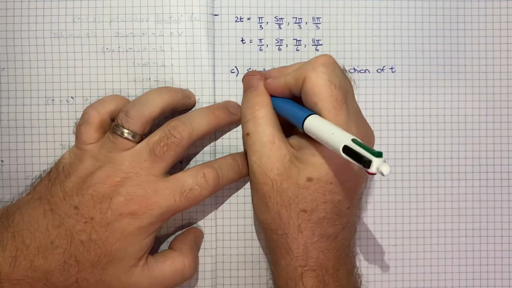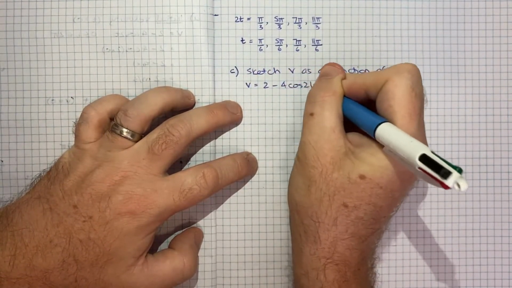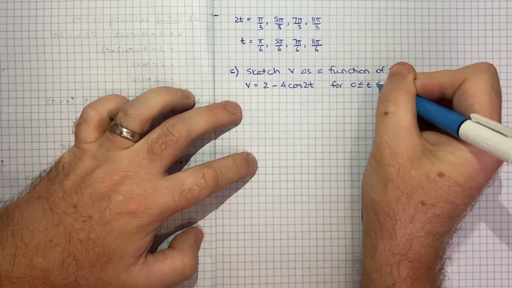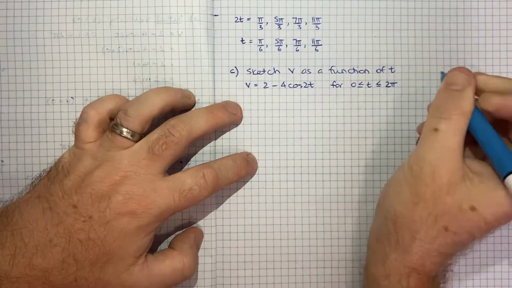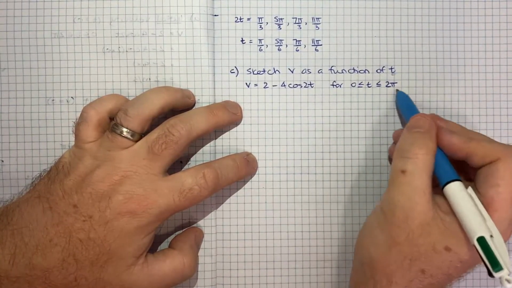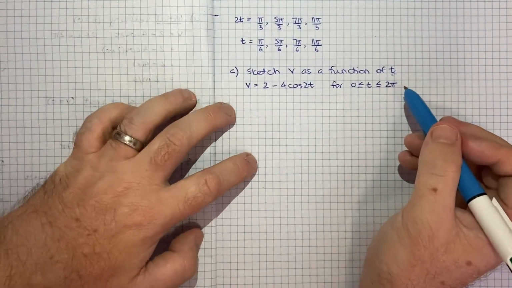So remembering V is equal to 2 minus 4 cos 2t for t between 0 and 2 pi. And now we're back to thinking of t by itself, so this domain is still the domain. We don't need to manipulate it now.